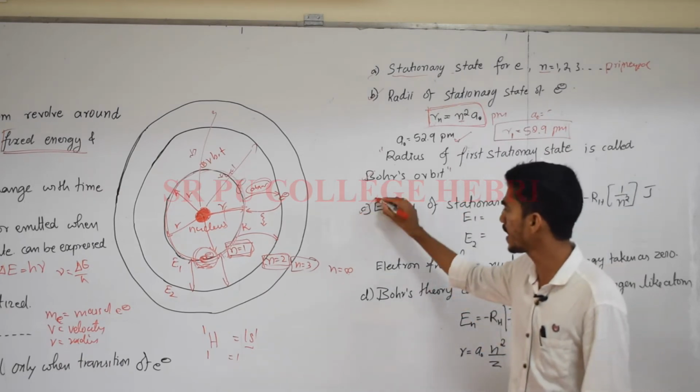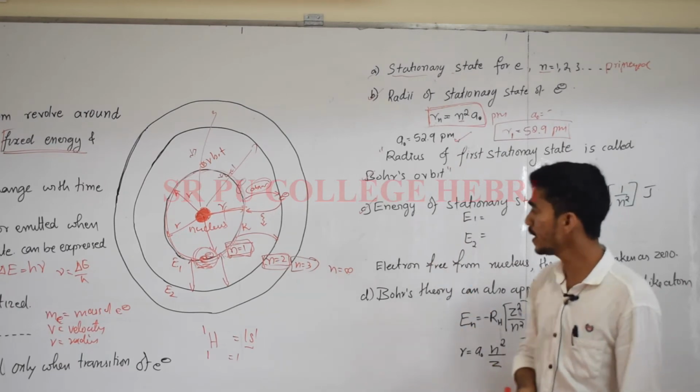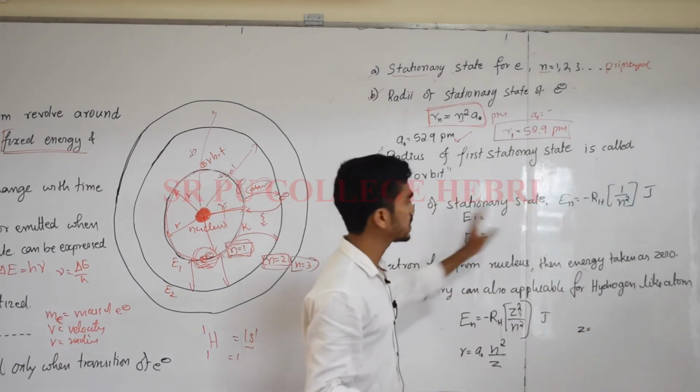Now we'll move to the energy. We already discussed Rn, the radius, so that is over. Let's go to the energy of a stationary state.